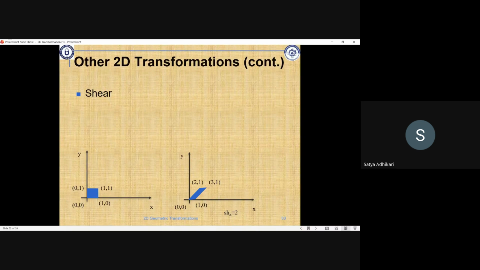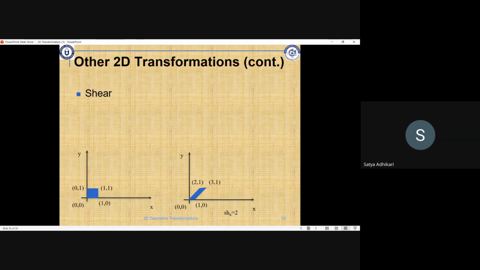After using shearing, you see now the shape changes. It changes to a parallelogram, I think. If we find the area for both, it will be the same. But you see the shape changes.